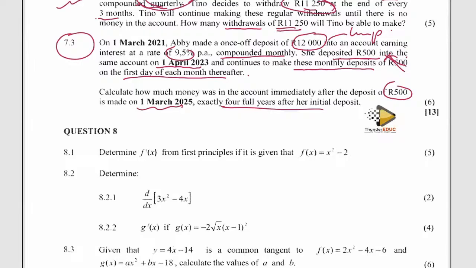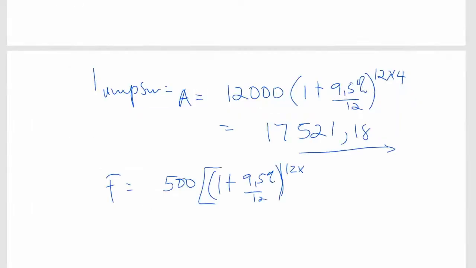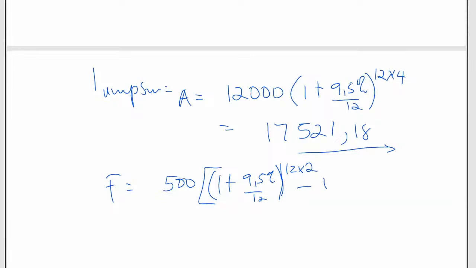Remember, it was 2023. Now this is 2025, so those are 2 years. It can't be 4 years. So this is times 2, okay? Minus 1 over our 9.5% over 12.